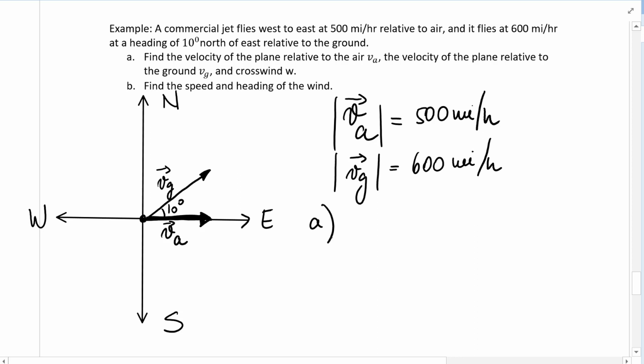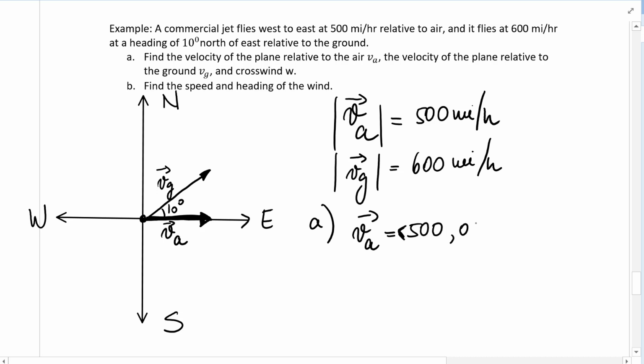And we want to find the velocity of the plane relative to the air. We did that. So the velocity is the vector VA, which is 500.